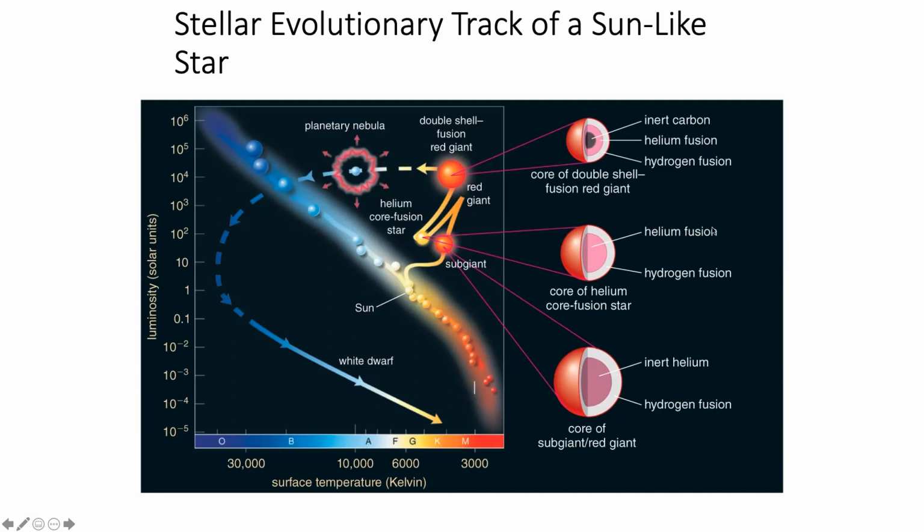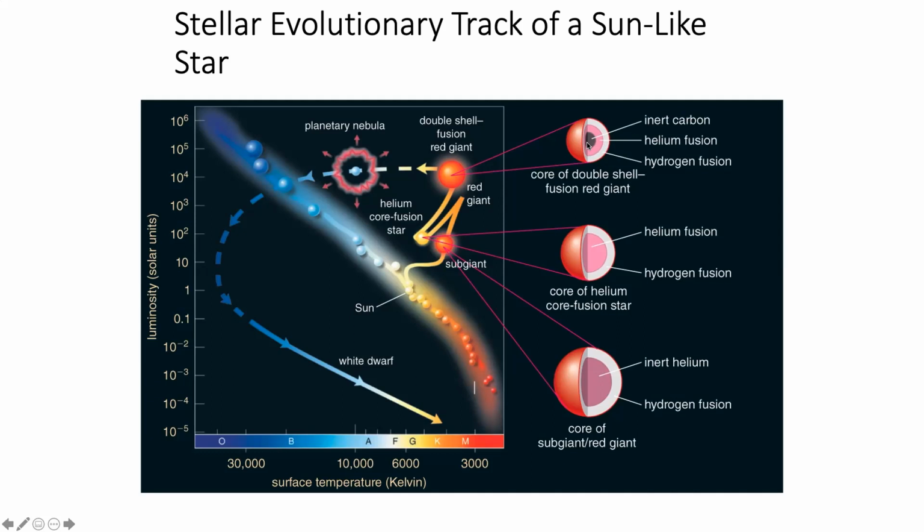So now we have helium fusion happening in the core and hydrogen fusion happening in a shell around it. And that star is going to get cooler, and it's going to grow to be more luminous, and it'll become a red giant. And by the time it's a red giant, it has this inert carbon core with helium fusion happening in one shell around it, with hydrogen fusion happening in another shell around it.